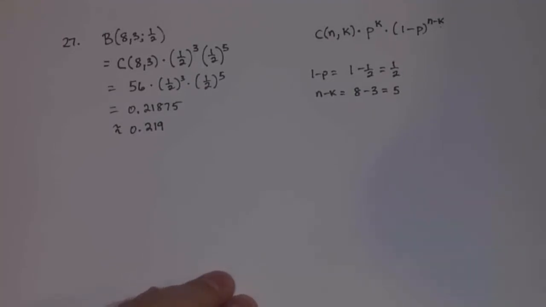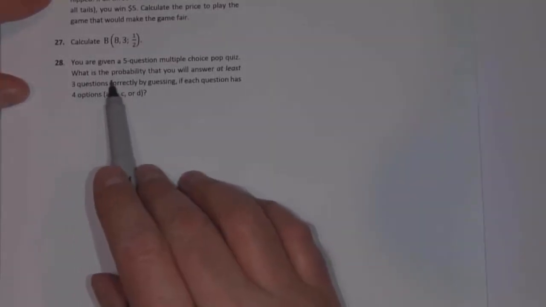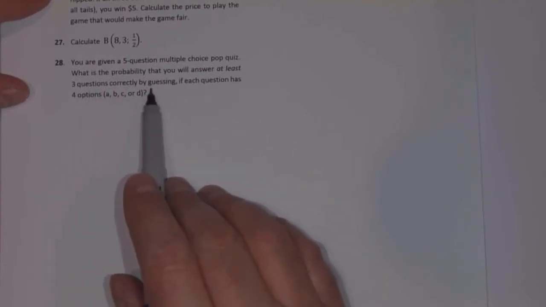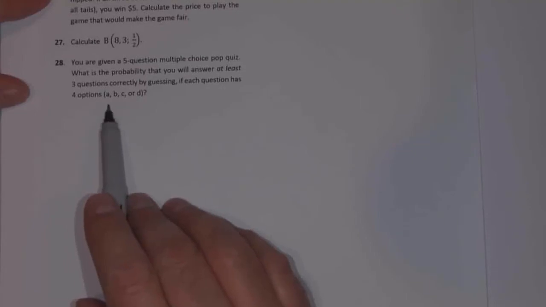We have one problem left, problem number 28. You are given a 5-question multiple choice pop quiz. What is the probability that you will answer at least 3 questions correctly by guessing, if each question has 4 options, A, B, C, or D?